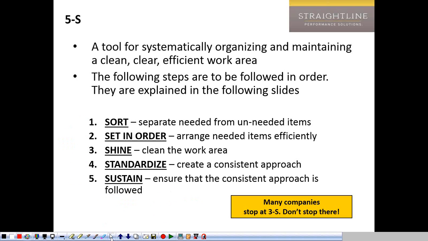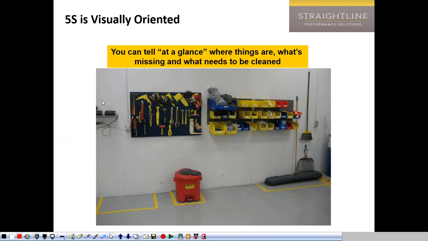Let me show you a picture of where it might be done in manufacturing. So here are some good practices. It's to make it visual, right? Here's an example where we've got the broom put within this tape box. Whatever this is, it looks like a metal shavings bucket or a dust bucket, put there.